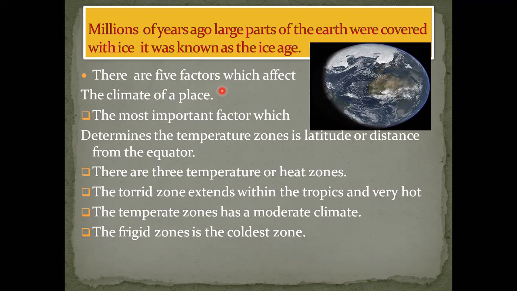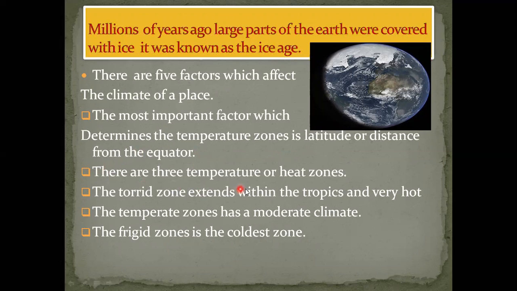There are five factors which affect the climate of a place. Which are the main factors? The most important factor that determines the temperature zones, the first point, is latitude, or distance from the equator.